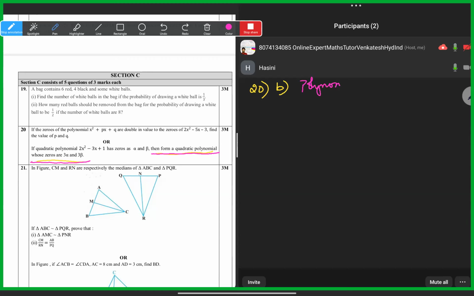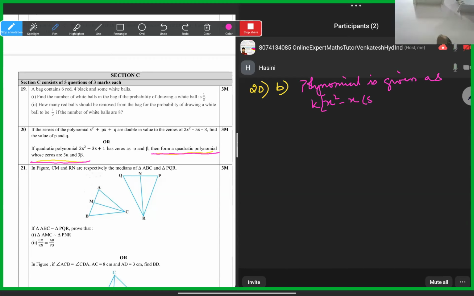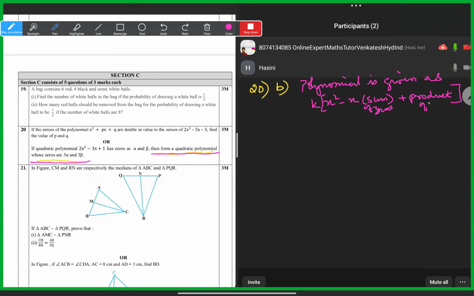The polynomial is given as k into x square minus x into sum of zeros plus product of zeros. Actually, some constant k will be there if you remember.